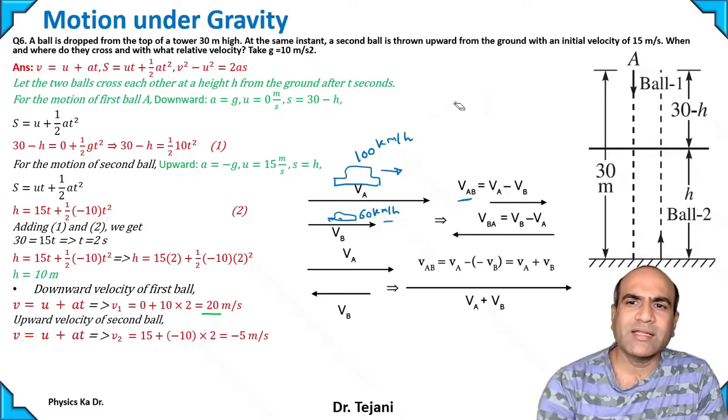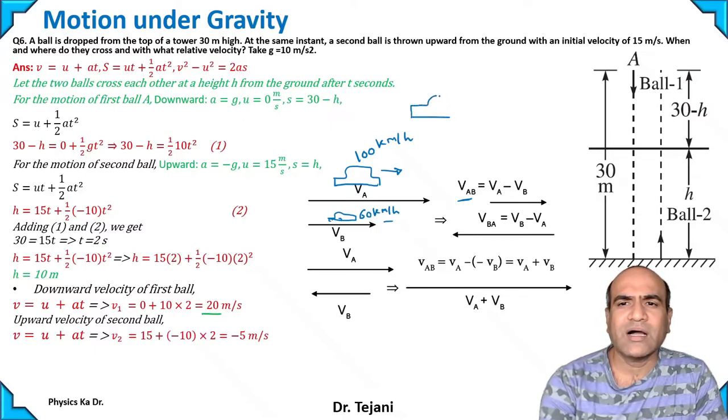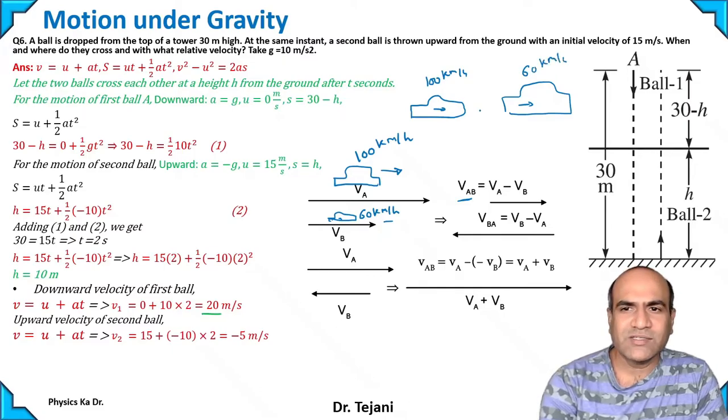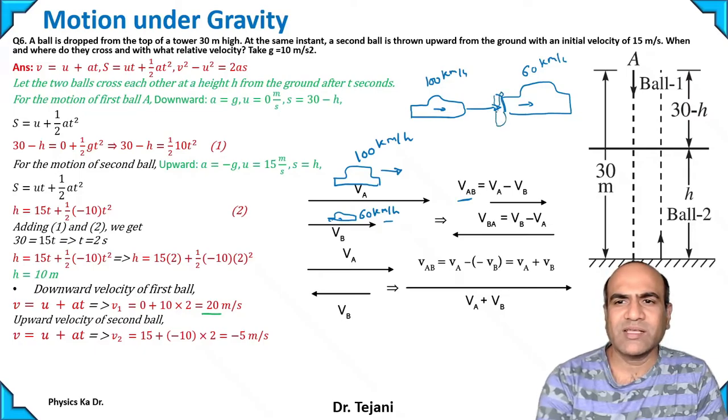Let us understand by using another similar example so you can have a better idea. Your car is running on a track at 100 kilometer per hour, and another car, car B, is running at 60 kilometer per hour, and you strike this car, or an accident takes place.